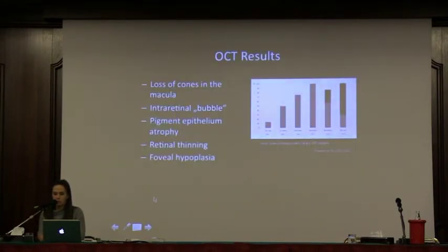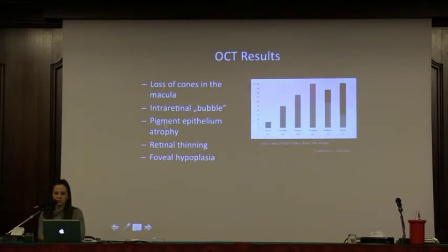There were a couple of studies which could describe changes in achromatopsia patients, what we could see in OCT images. And these are the typical changes we observe. We can observe the loss of the cones in the very center part of the retina. We can see a kind of an intraretinal bubble, which I've shown you in the previous picture.